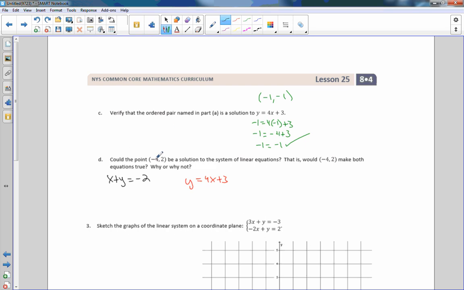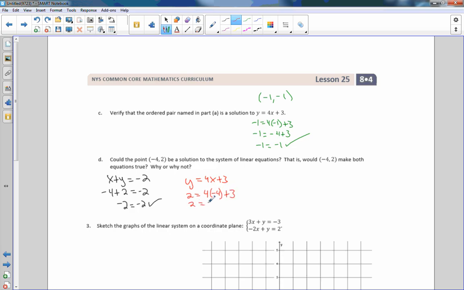Now substituting in (-4, 2) into this, I would get x is -4, y is 2, and check to see if this is true. And -4 plus 2 is -2, and -2 equals -2. Now I'm going to check it with this. y is 2. Bring down the 4. x is -4. So we're going to multiply 4 by -4 and add 3.